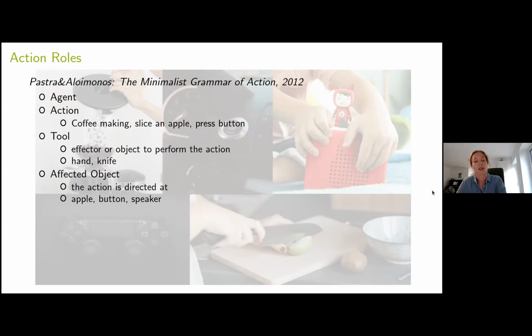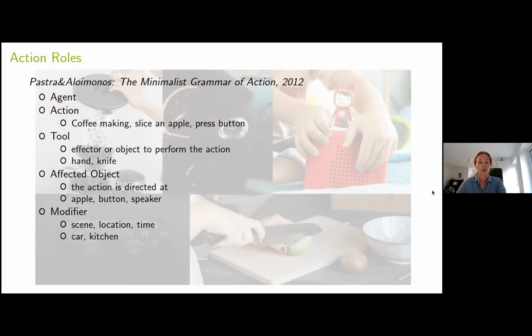Then we have the affected object, which is the object the action is directed at, and it's also usually the object that changes its state somehow during the action. So the apple that is cut into pieces, the button that is pressed, and the speaker that then plays some music. And we may have a modifier. This comes from Pastra and Aloimonos, and they used it to specify the scene.